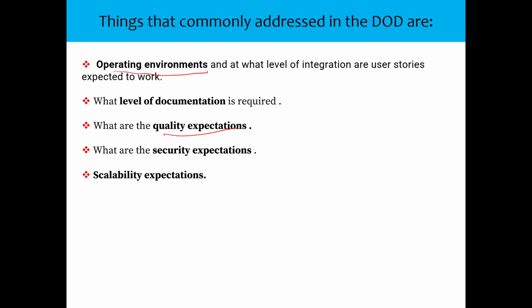Scalability expectations: do we need scalability only for demo purposes, maybe up to 10 concurrent users, or do we need scalability to 1 lakh concurrent users? So what is the expectation that is to be considered?